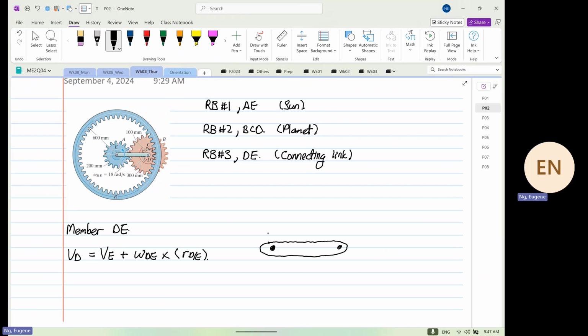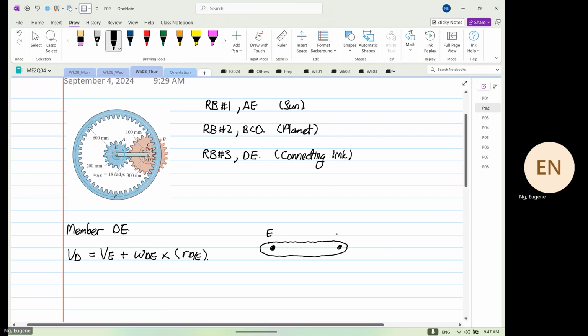So this is our point E, and over here, this is our point D. And we were given that omega DE is rotating at positive 18K.